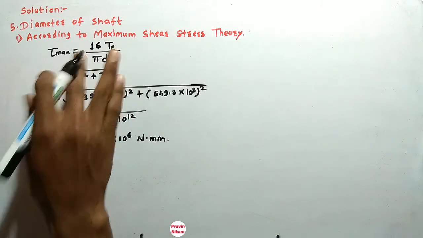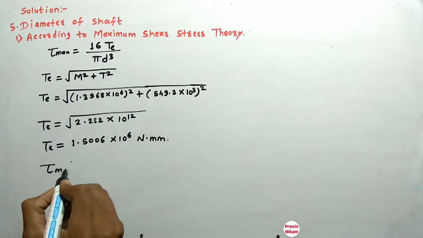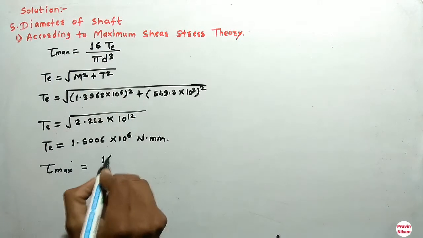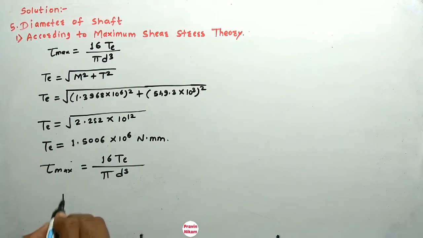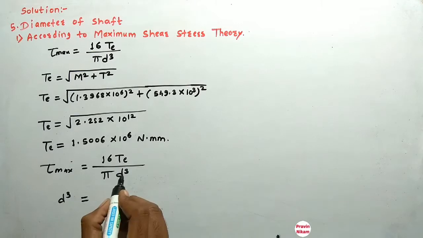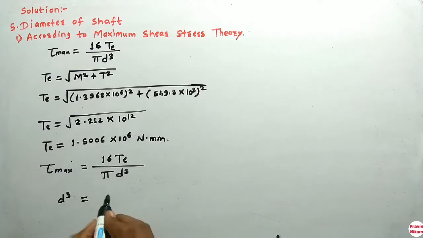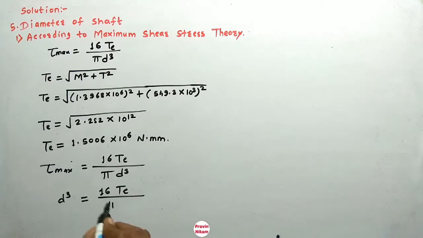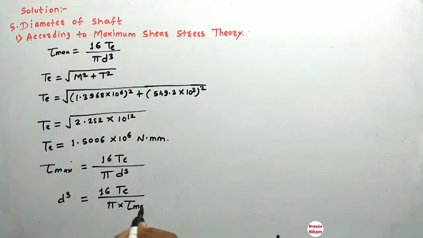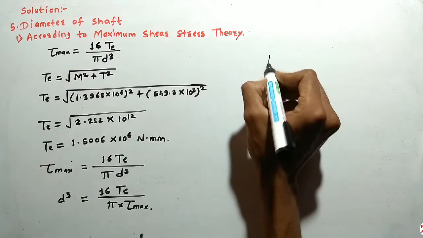So put this value in this equation. Tau max is equal to 16 T_e divided by pi d cube. So d cube goes on this side, tau max on this side: d cube is equal to 16 T_e divided by pi into tau max. Put the values.